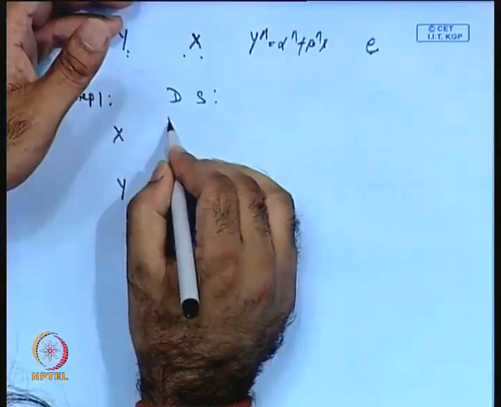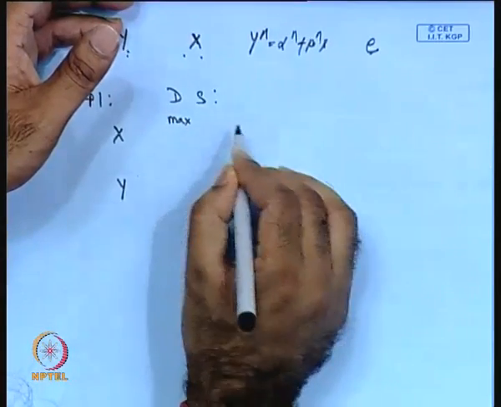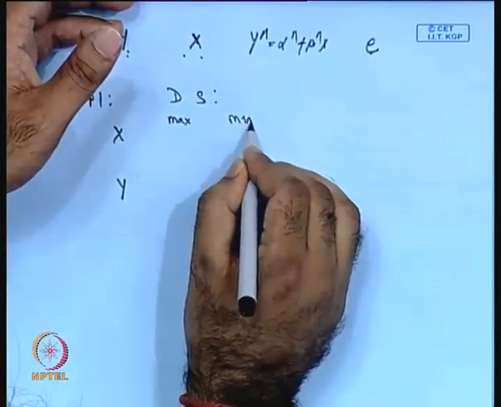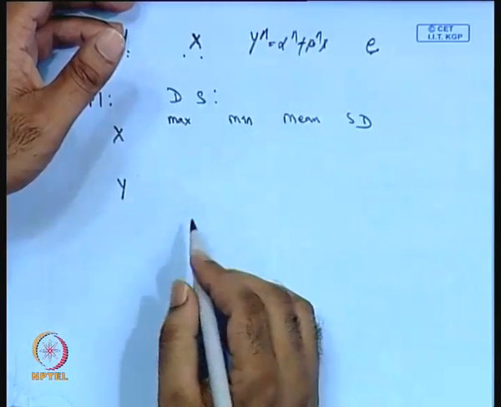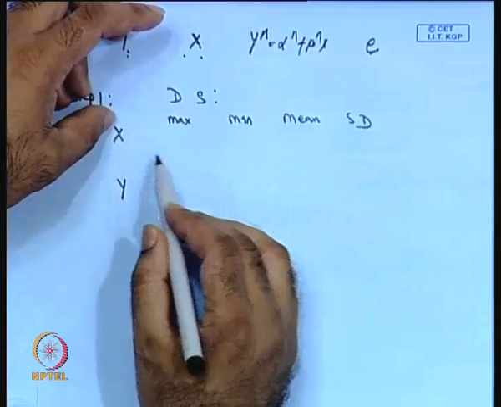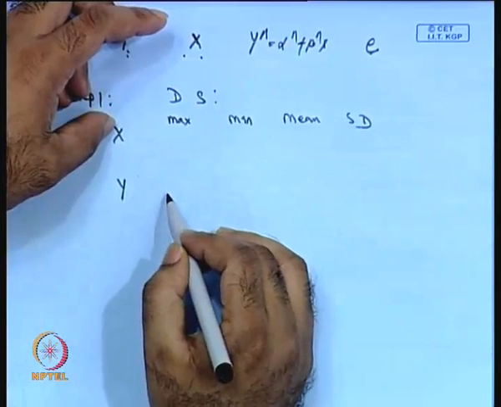In the meantime we specifically highlight a few things, because they are very relevant so far as the reliability check is concerned. The first item we consider is the maximum, then the second item is the minimum, then the mean, then the standard deviation. So, we would like to know for x what the maximum is and for y what the maximum is.